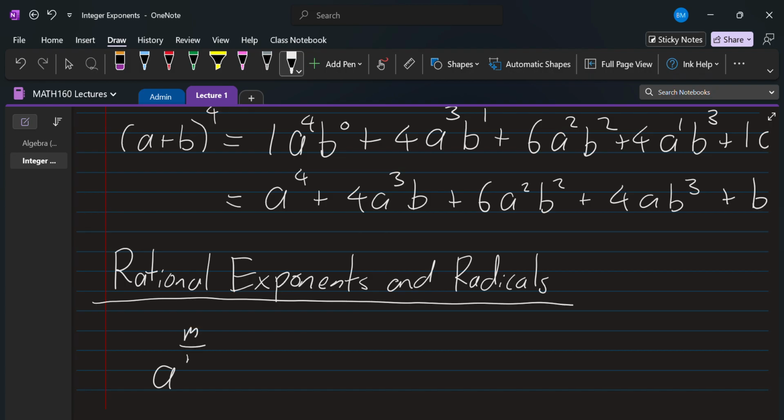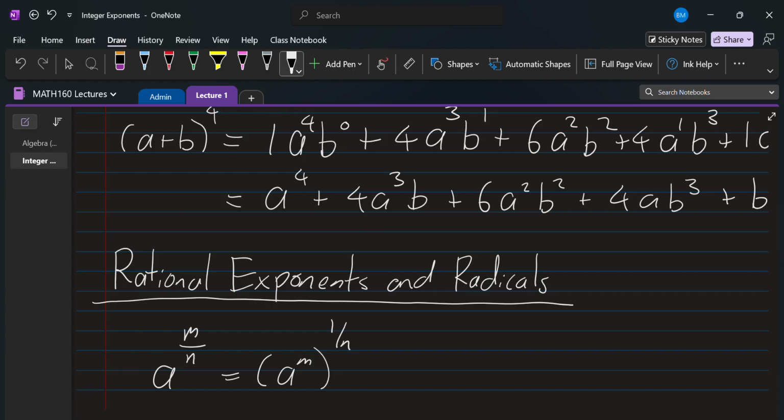Okay, rational exponents and radicals. Okay, so far we've been working with integer exponents. So a squared, b cubed, z to the 4, so on. What happens if we have a rational exponent? Just a reminder, what is a rational number? Some integer divided by some other integer.